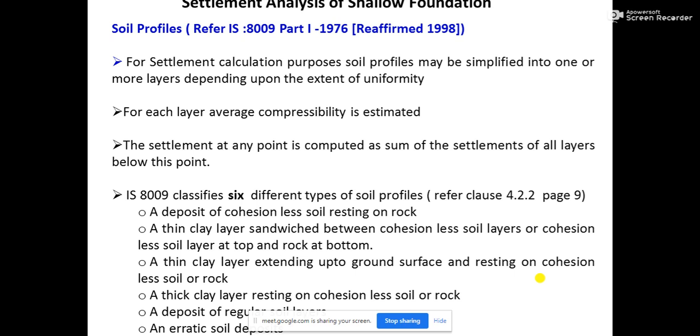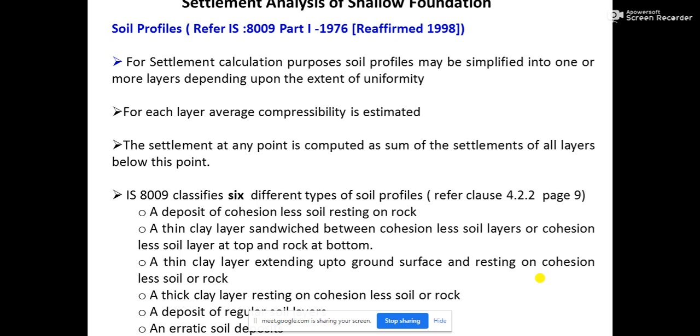So if you refer to that code, then you will see in clause number 4.2.2 at page 9, that the different types of soil profiles are being classified. Those classifications are basically of 6 types.